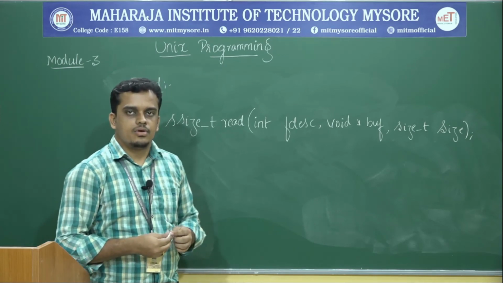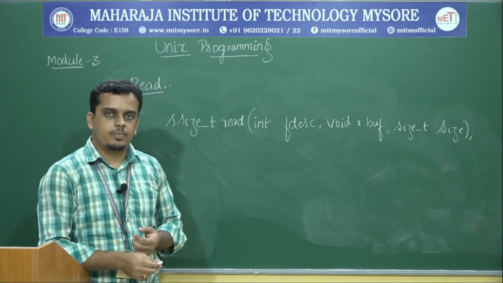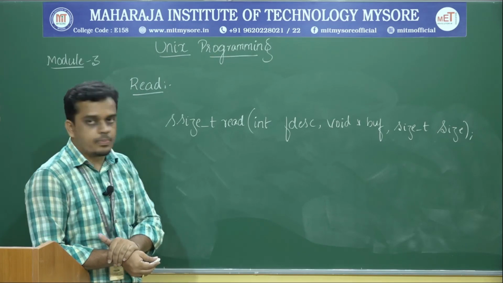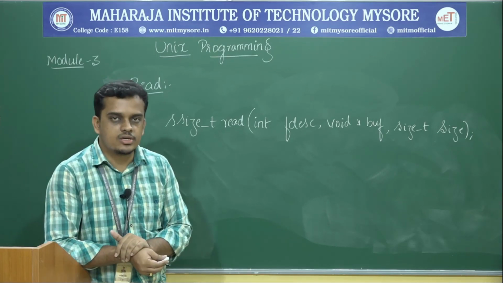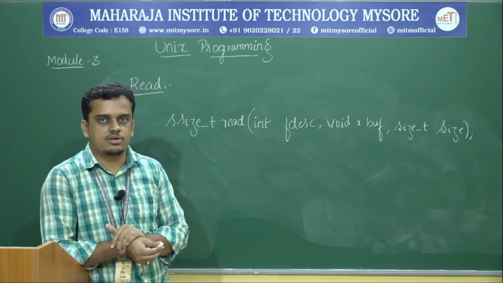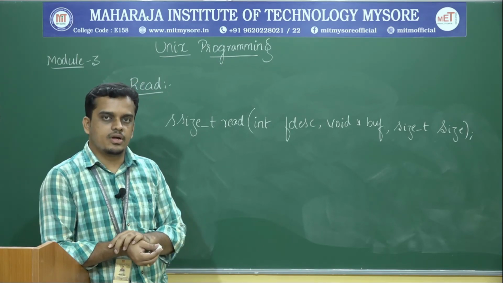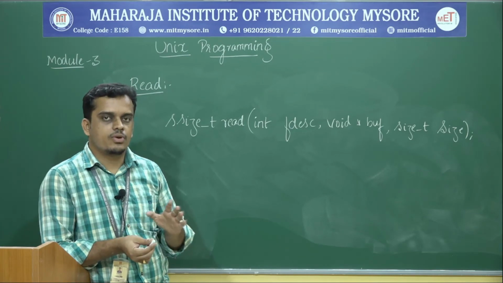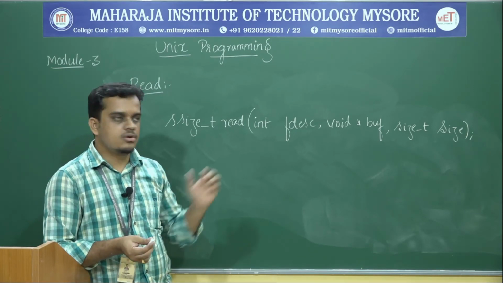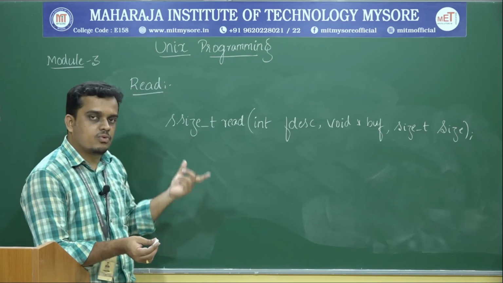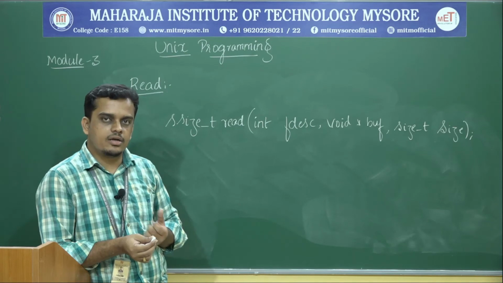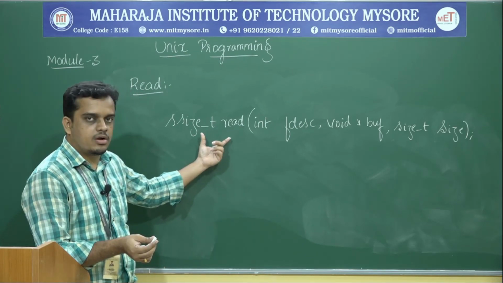Coming to the next API for discussion, the read API. Read is an API with the help of which you can read some information from any existing file. It is the API used to fetch any sort of information from an existing file. If you really want to access some information from an existing file, you cannot directly go with the read API.